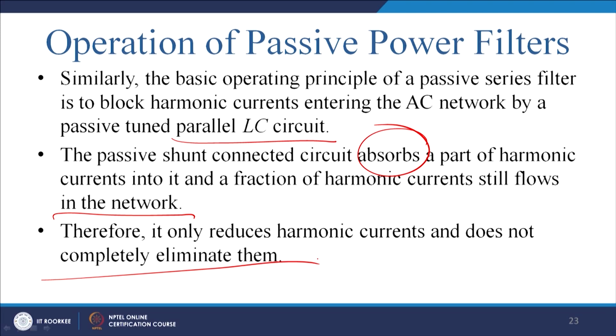Therefore, it reduces the harmonic current and does not completely eliminate it. But we have read the power quality standard; we do not say that we require to eliminate them, only up to some level it is dangerous. So, if you can keep below it, you can work with it.